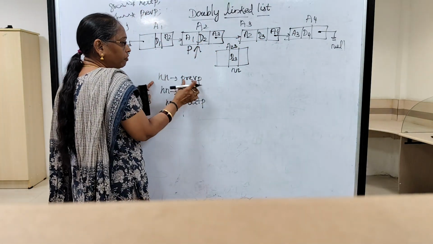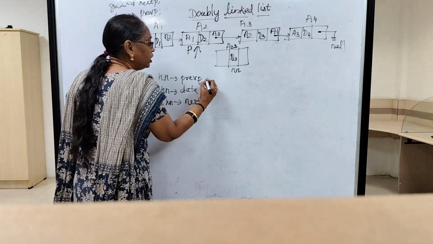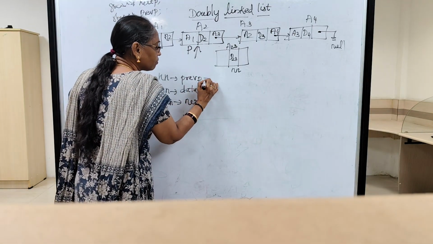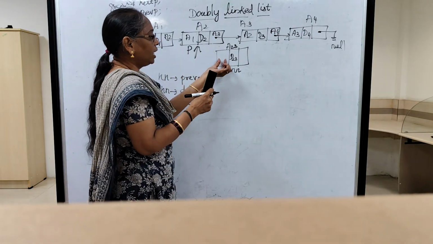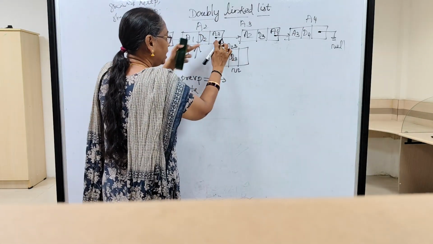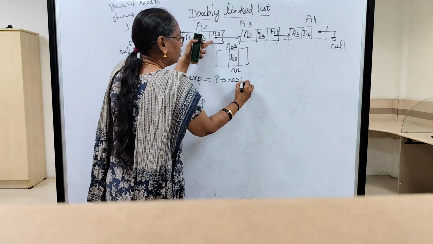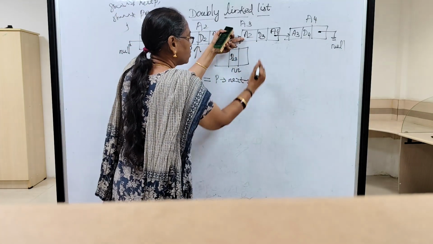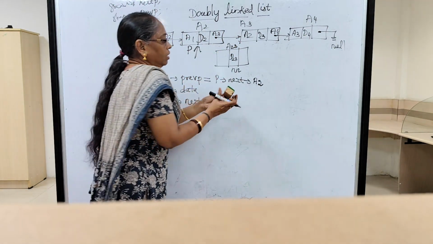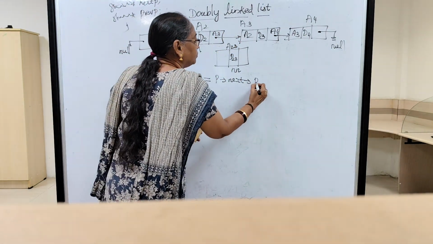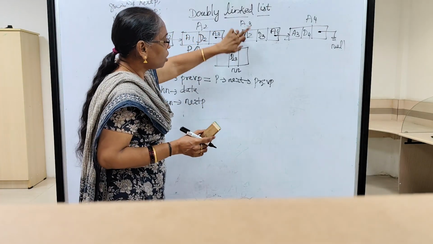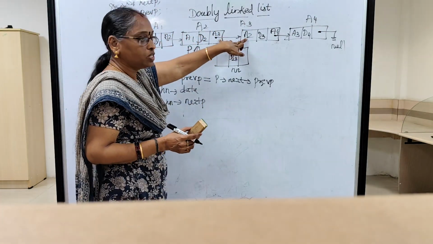The NN of previous P I am going to store this. I have to store P of next of previous, right? So my P of next of previous contains the address of this previous node.